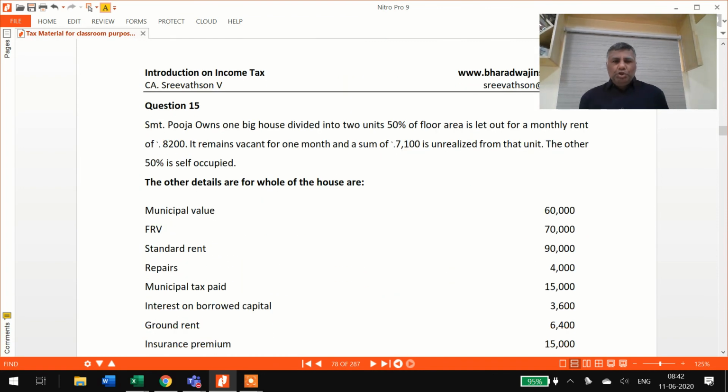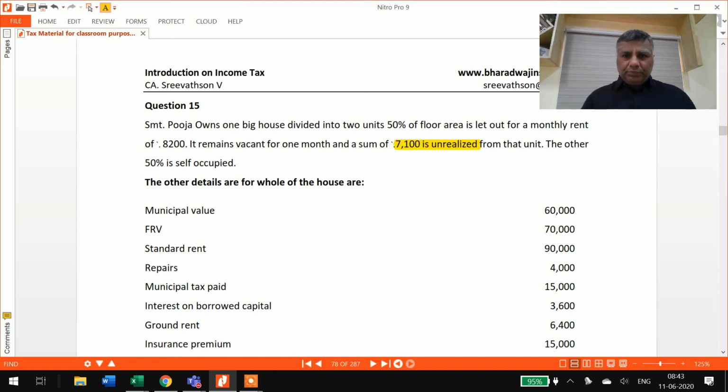Srimati Pooja owns one big house divided into 2 units. 50% of floor area is let out for a monthly rent of 8,200, remains vacant for 1 month, and unrealized rent is 7,100. This is not recovered, this is unrealized rent, which should be reduced from the actual rent received or receivable.